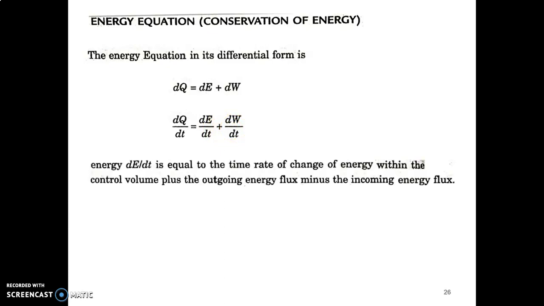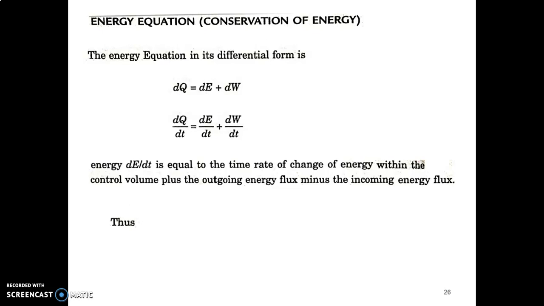Now, for this term dE by dt, we apply the control volume approach. Taking the method from the previous derivation of the momentum equation, dE by dt can be written as the time rate of change of energy within the control volume, plus the outgoing energy flux, minus the incoming energy flux.